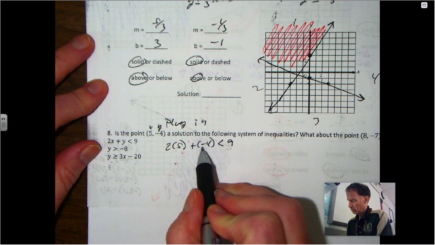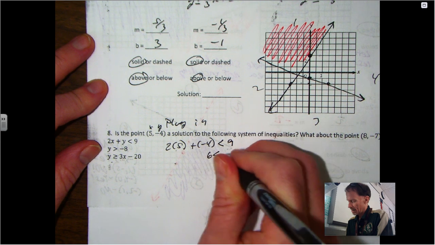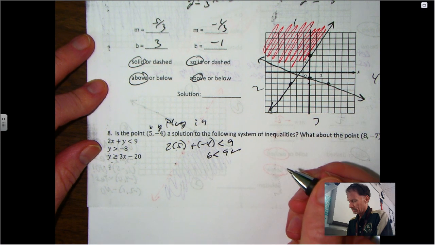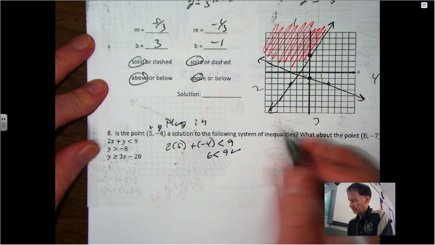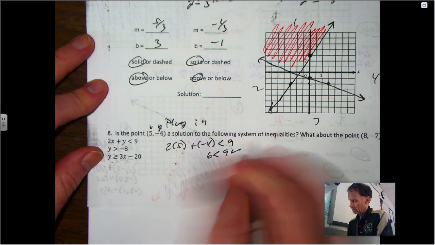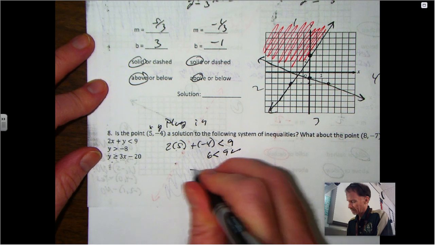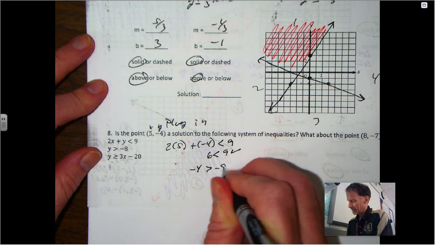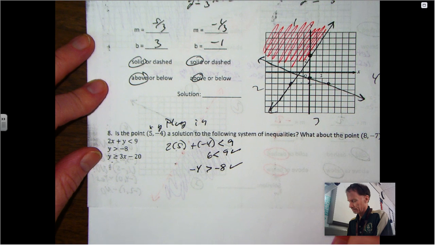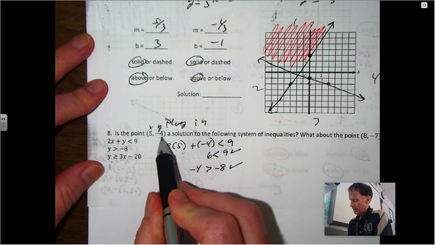So we got 10 minus 4 is 6. 6 is less than 9. That works on that one. So we got one of them done. Check the second equation. So it says negative 4 is y. So is negative 4 greater than negative 8? Yep, that works too. How about the third equation?